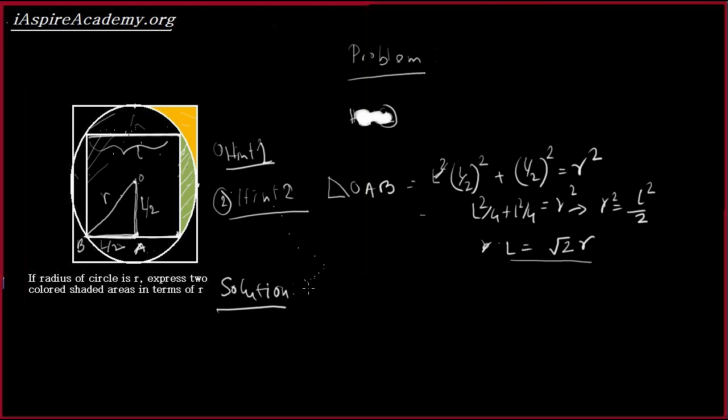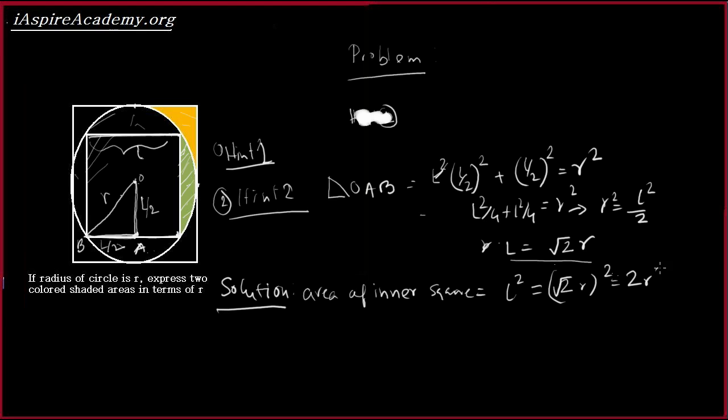So the inner square is this L square, correct? So the area of the inner square equals L square equals 2r square.